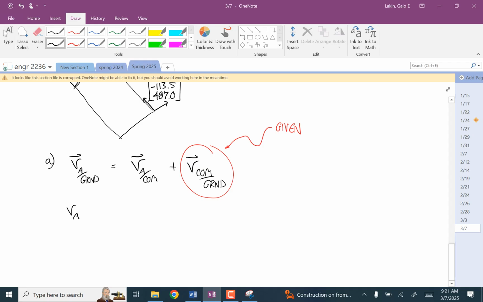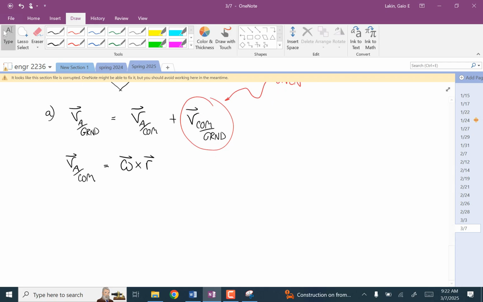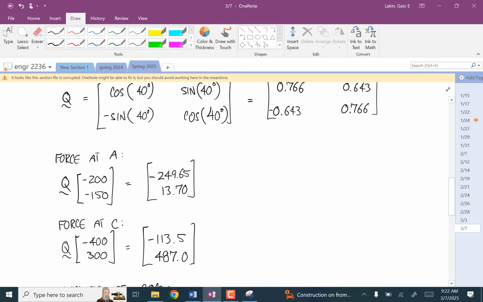So the velocity of A relative to the center of mass, you can always think of that as treating the point you're relative to as fixed, and it's just a rotation of the thing around that fixed point. So this is equal to, we're going to use the circular motion equation, omega cross r. Omega is 0, 0, was it negative 6? Yes.